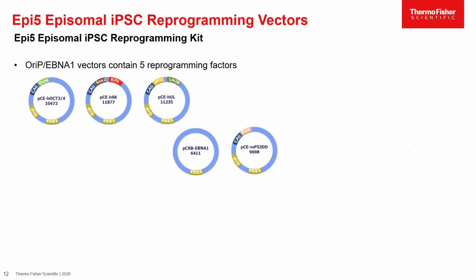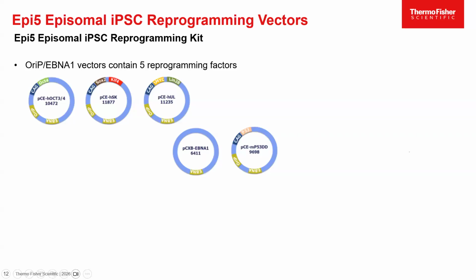One of the ways, as I mentioned, is to deliver these factors using plasmids. At Thermo, we have a way to do this with our episomal kit, where we deliver the reprogramming factors OCT4, KLF4, SOX2 on this plasmid, and CMYC as well. But you also see a bunch of other things, like Lin28, a dominant negative form of P53, and the EBNA transgene as well.